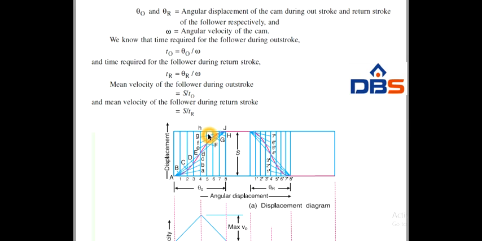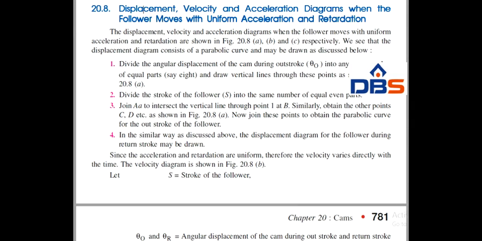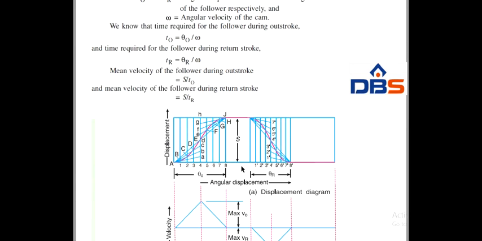Then join capital A and small a to intersect the vertical line through point 1 at B, and join capital A with small b to intersect the second vertical line at C. Follow the same procedure for the outward stroke and return stroke also.